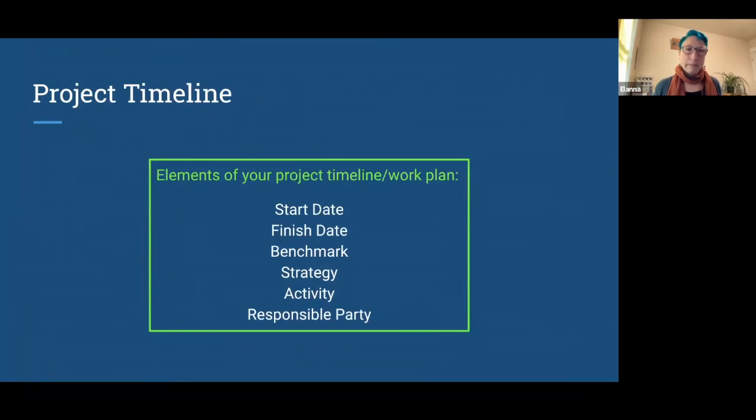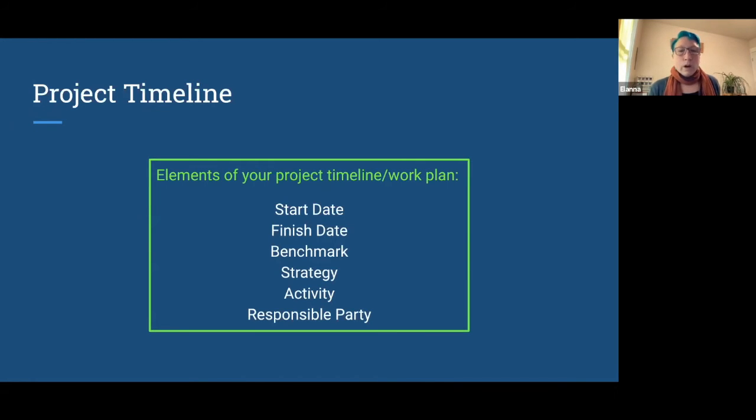And your project timeline. The elements of your project timeline or work plan are your start date. When is this all beginning? When will it finish? What's the benchmark for it? Is there a strategy that you're going to use to make sure that your timeline is adhered to?